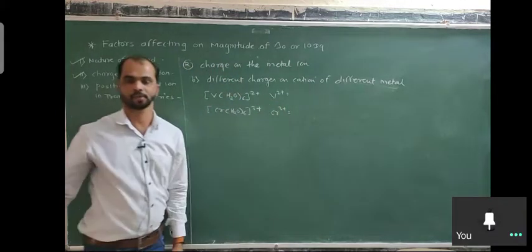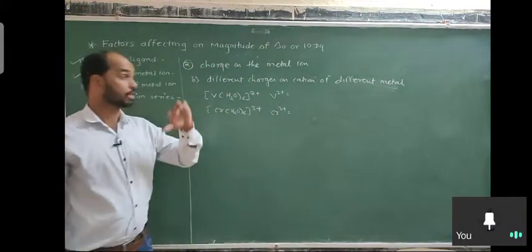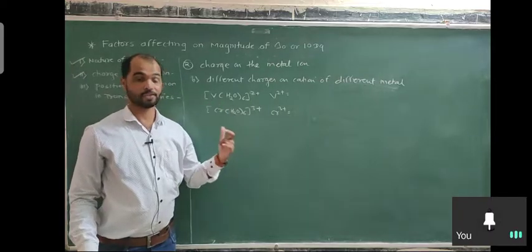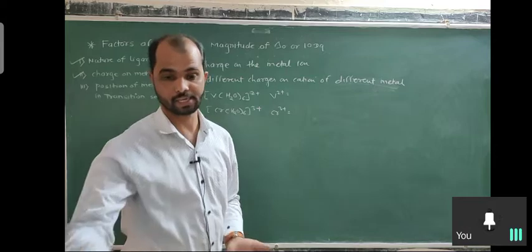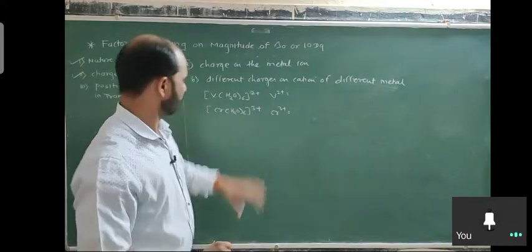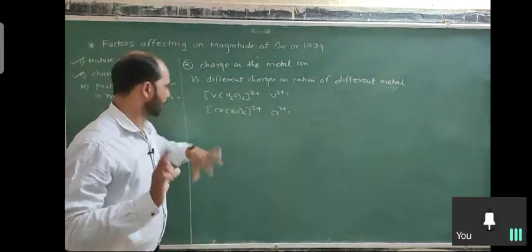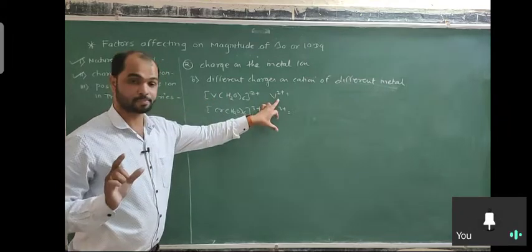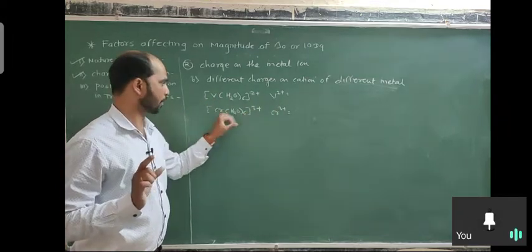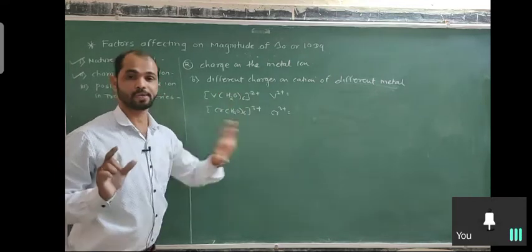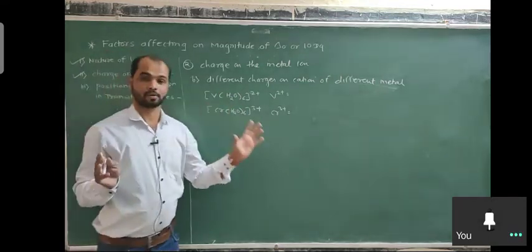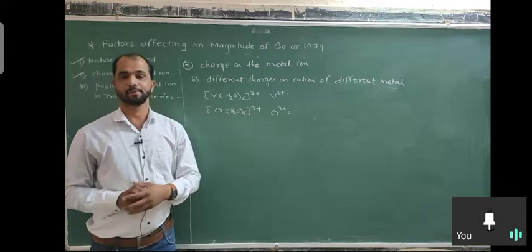So in that case, in which case is there a higher absorption? The geometry is the same, octahedral; vanadium is present in the plus 2 oxidation state, chromium in the plus 3 oxidation state, and the ligand is the same. So different metals with different oxidation states, but the ligand is the same and the geometry is the same.